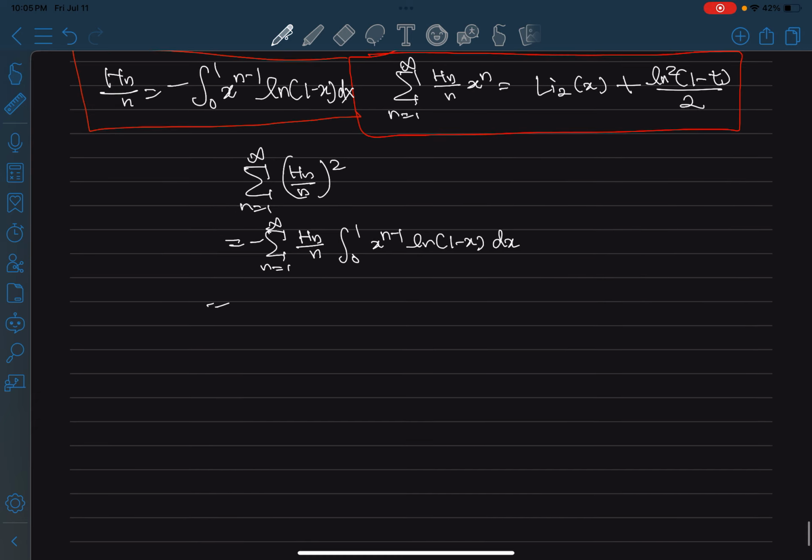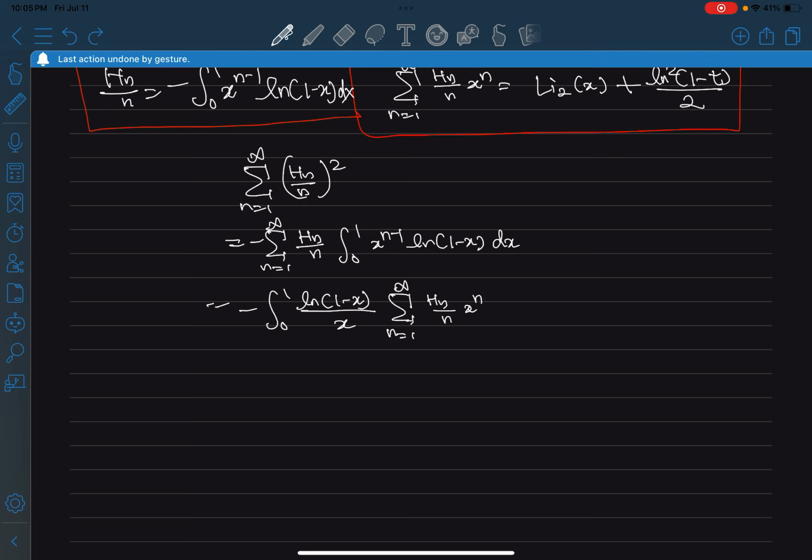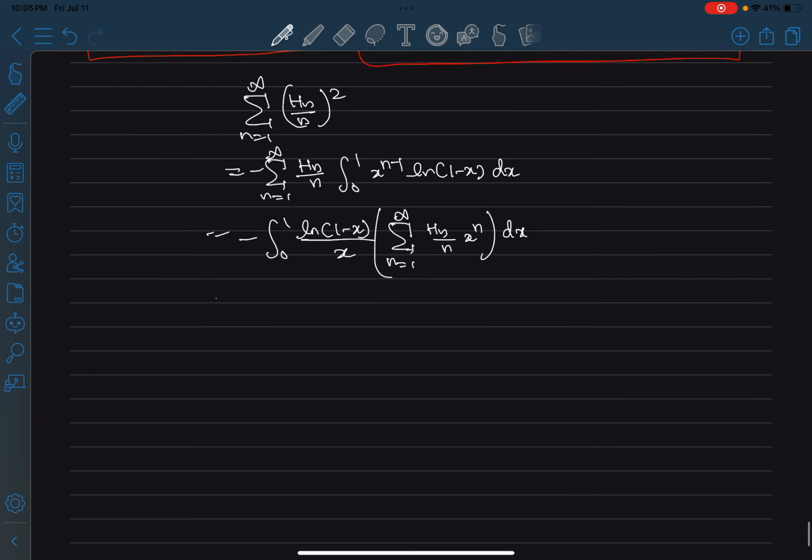Now I can actually interchange the sum and the integral from 0 to 1, and then I can write this as ln of 1 minus x with the 1 over x over here, and then the sum from n equals 1 to infinity of Hn over n x to the power n, right? And then after this, there is also dx over here. So now this is minus the integral from 0 to x of ln of 1 minus x by x.